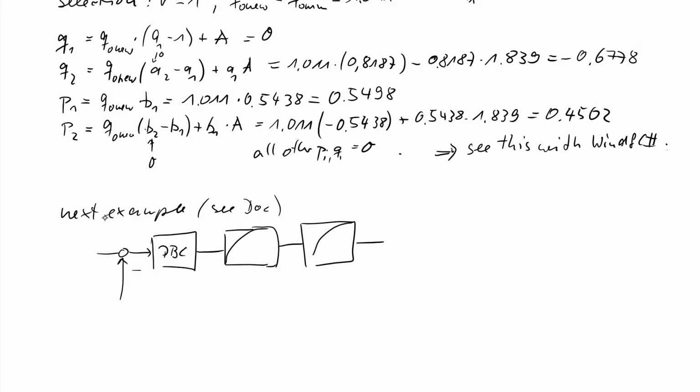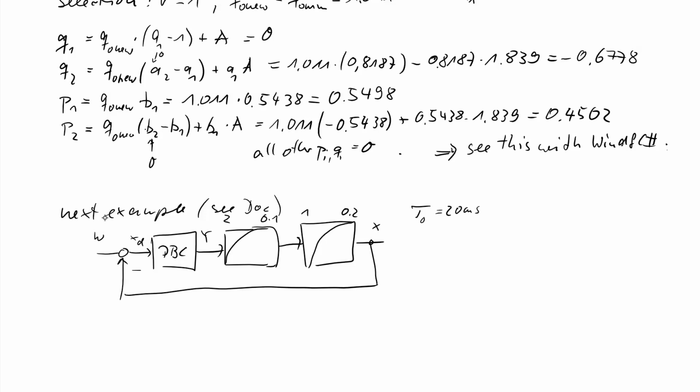Gain 2, 0.1, 0.2 time constant, negative feedback. This is x, this is y, this is xt, this is w. And the sampling time is 20 milliseconds.